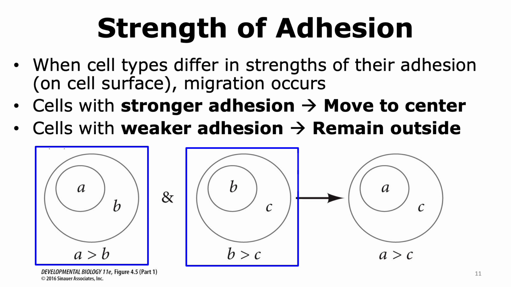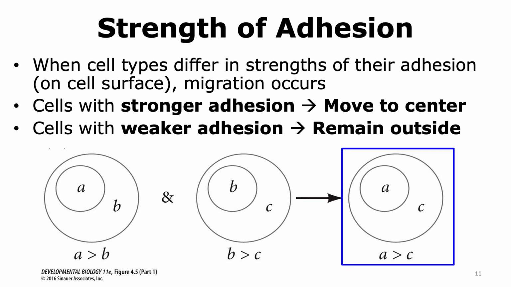When we mix these cells together, what we can basically see, if you mix A cells and type C cells together, A cells have a stronger adhesion than C cells, and hence they will be at the center and the C cells will surround them at the periphery. The way these cells migrate basically depends on the strength of the adhesion that they have on their cell surface. So who determines the kind of adhesion that is present on the cell surface?